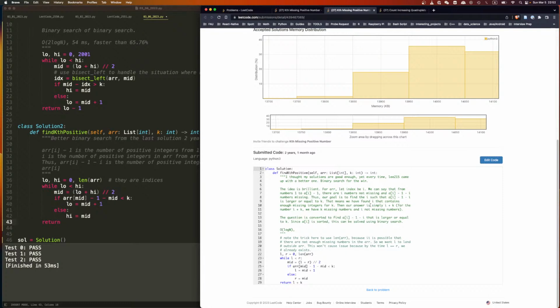Then if we want to find the k-th missing integer, because the k-th missing integer is a certain value, and from 1 to that, it must have k missing integers and I not missing integers. Okay, if you think about that, that makes sense, right?